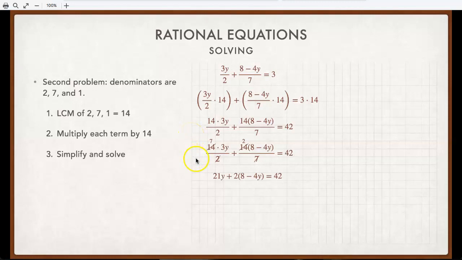So now we've got 7 times 3y, or 21y, plus 2 times 8 minus 4y is 42. We distribute: 21y plus 16 minus 8y is 42. Combine like terms and move our constants over to the right side. We get 13y is 26, y is 2.